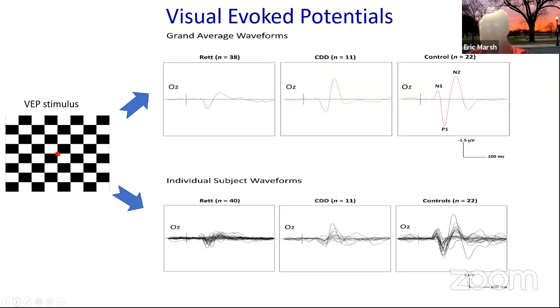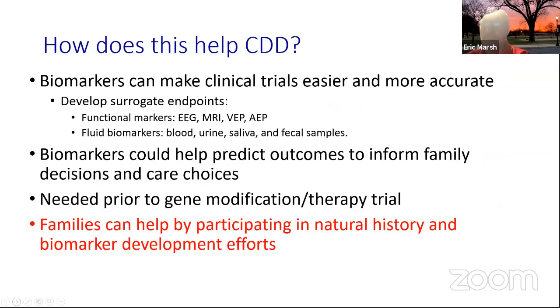So as Dr. Demarest was mentioning for why we do this, this helps CDD because biomarkers can make clinical trials easier and more accurate.